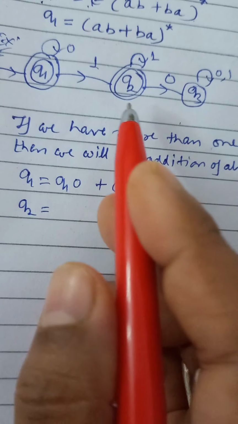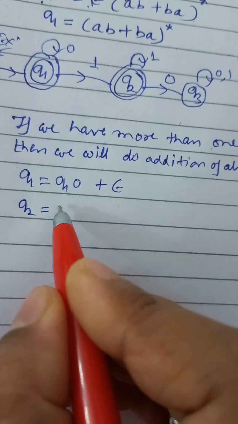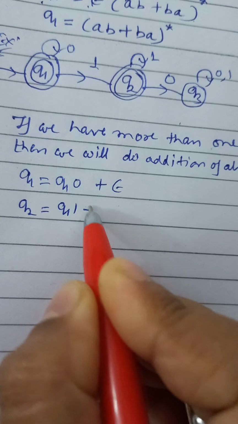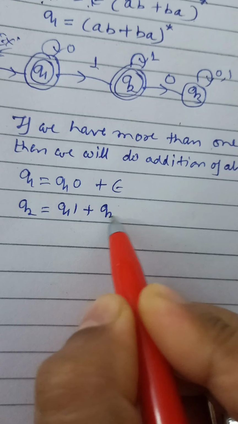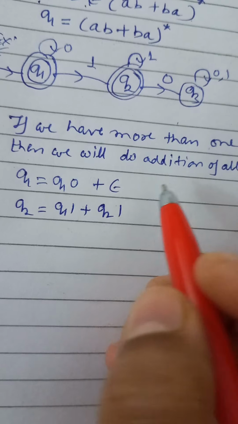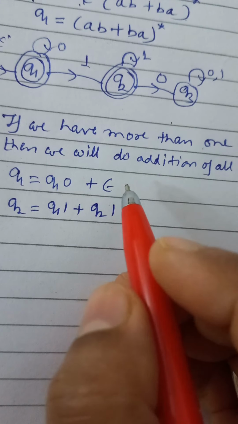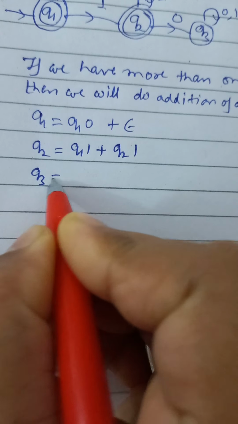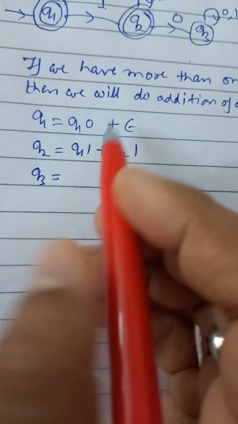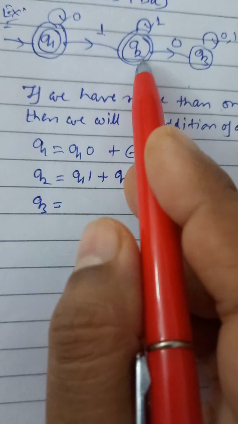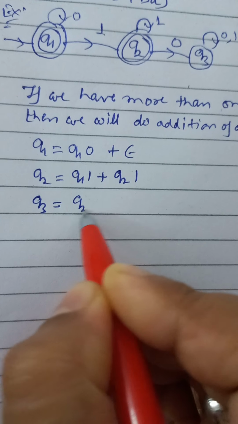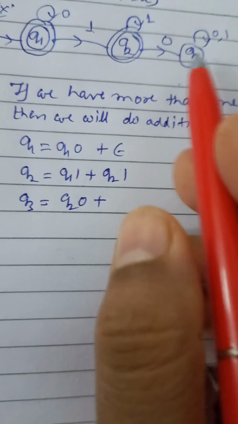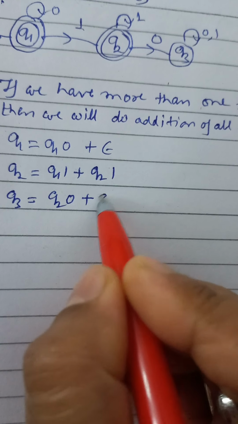Q2 will be Q1 1 plus Q2 1. And what will be the value of Q3? Q3 will be Q2 0 plus Q3 0.